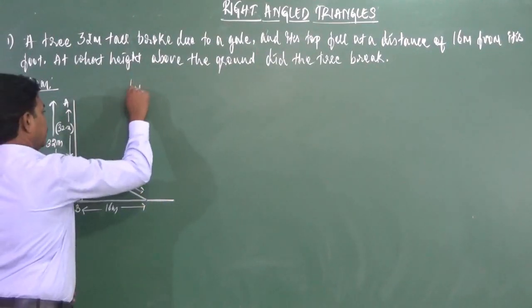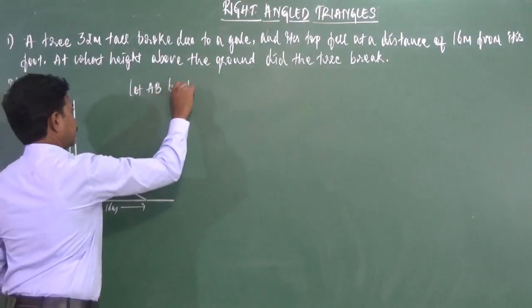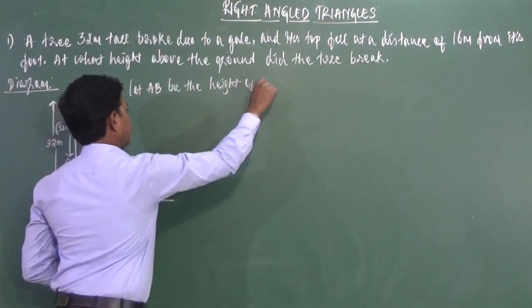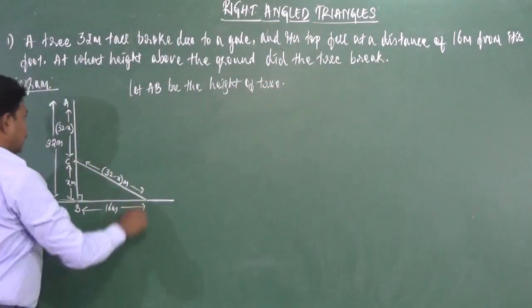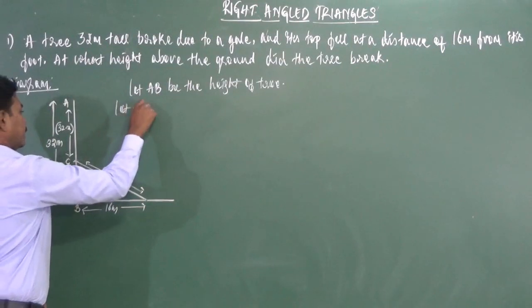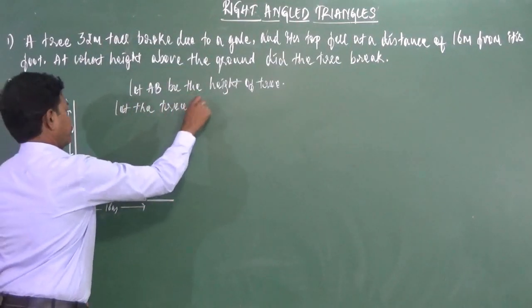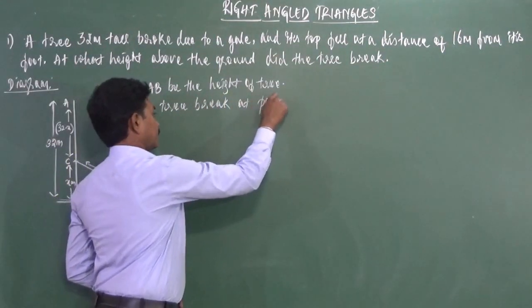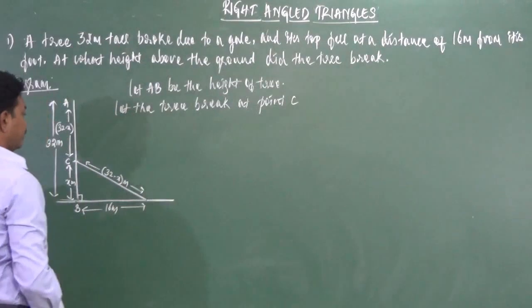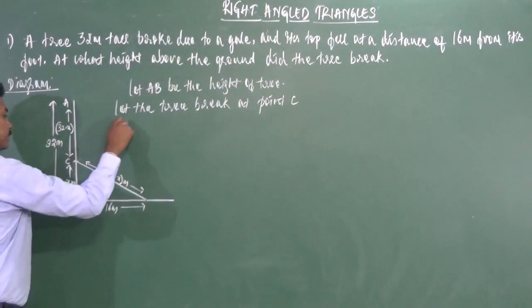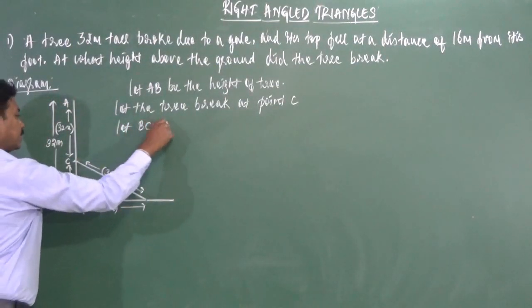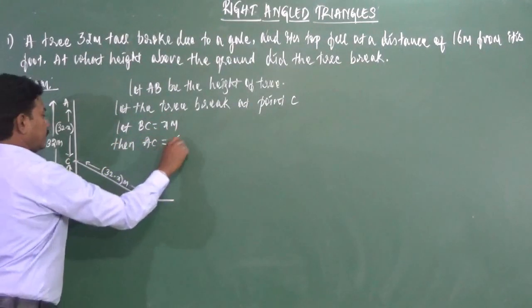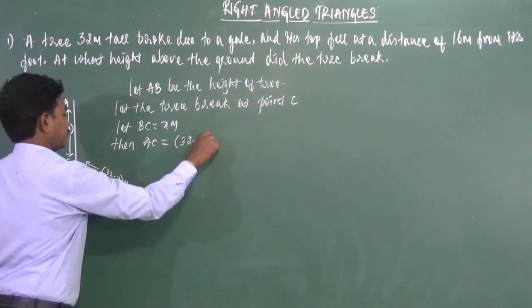Let AB be the height of the tree. Let the tree break at point C. Let BC be equal to x meters, then AC will be equal to 32 minus x meters.